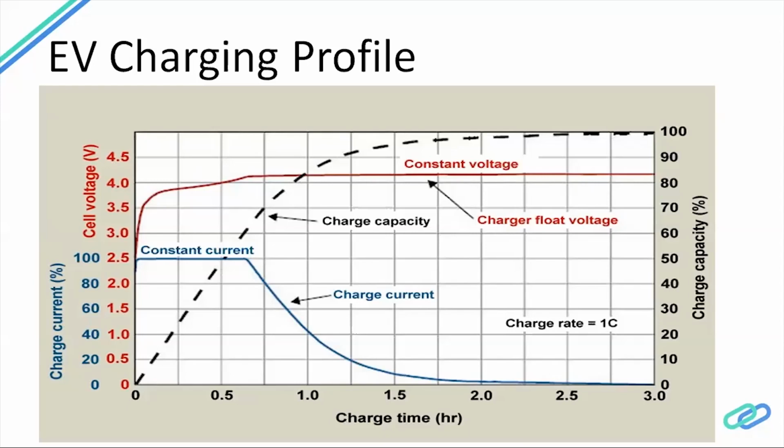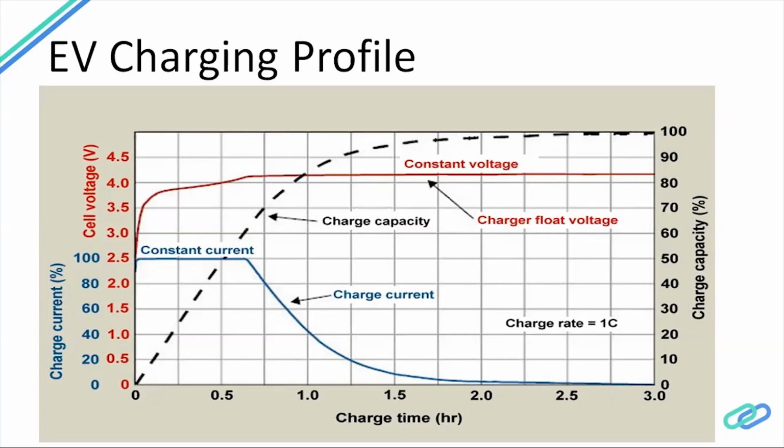Right? So basically this charging profile, we can divide into two parts: a constant current stage and a constant voltage stage. The first stage is the constant current stage, where maximum energy is stored inside the battery.